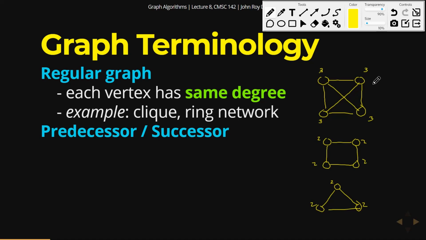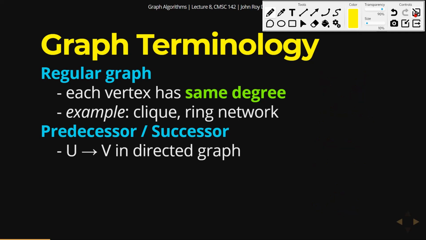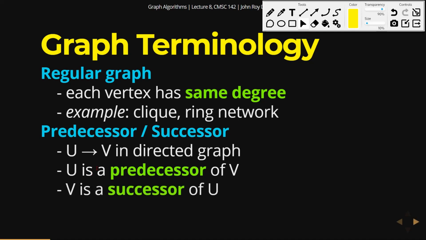Now for predecessors and successors, this is more used when we have a directed graph. If U to V is an edge in a directed graph, then we say that U is a predecessor of V and V is a successor of U. So the source is the predecessor of the destination, and the destination is the successor of the source.